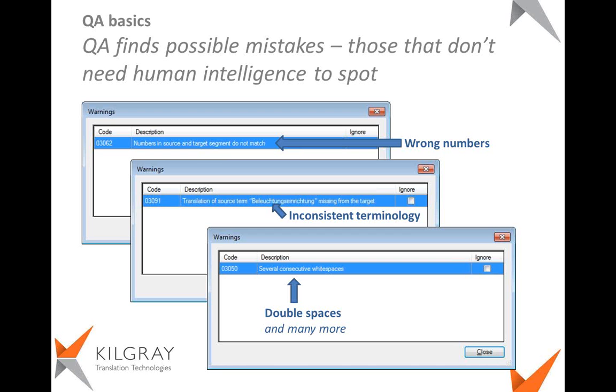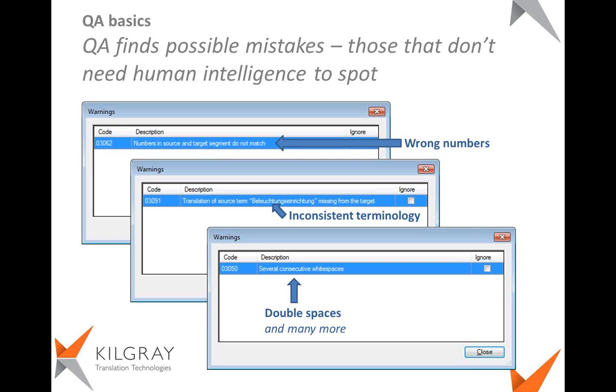Or in a lot of cases, a QA module can spot inconsistent terminology. I'm going to show you how later on during the live demonstration. And there are double spaces, spaces accidentally left before punctuation marks, or spaces missing before or after punctuation marks, like in French, the way the French quotes are used.